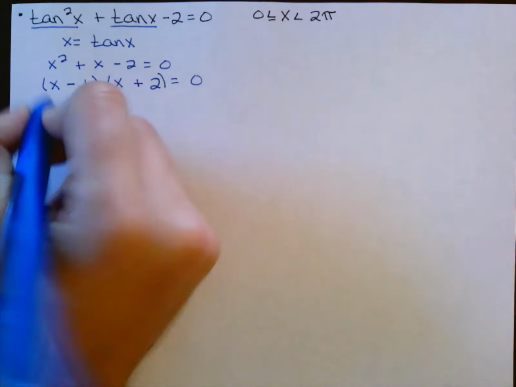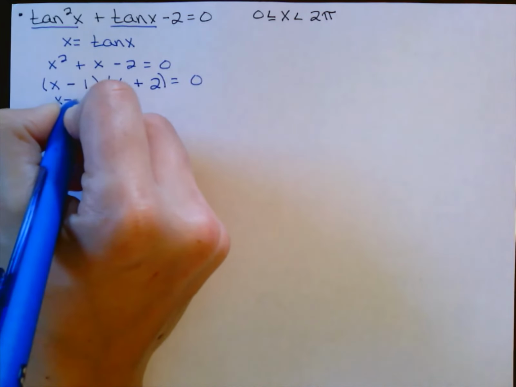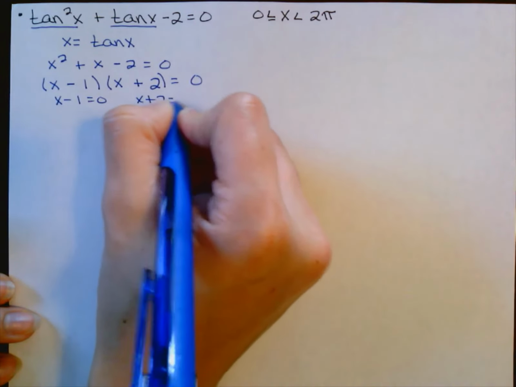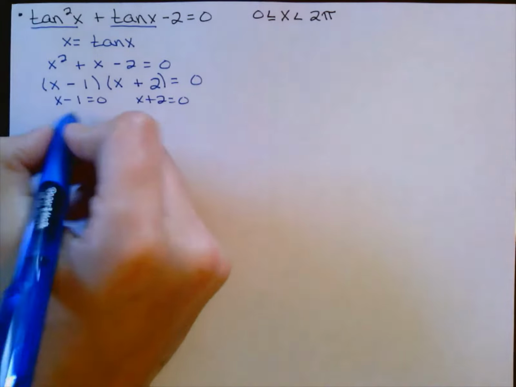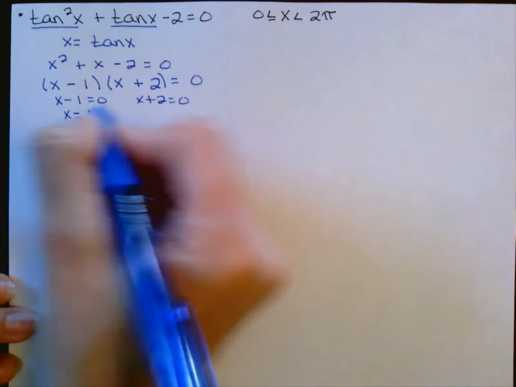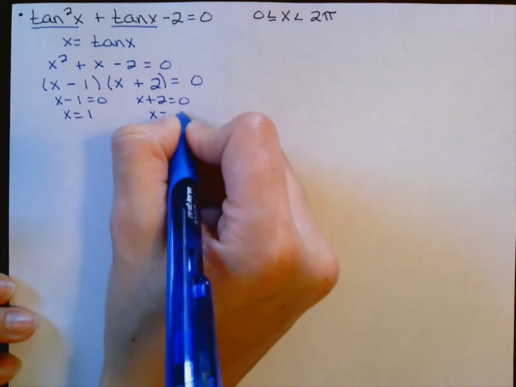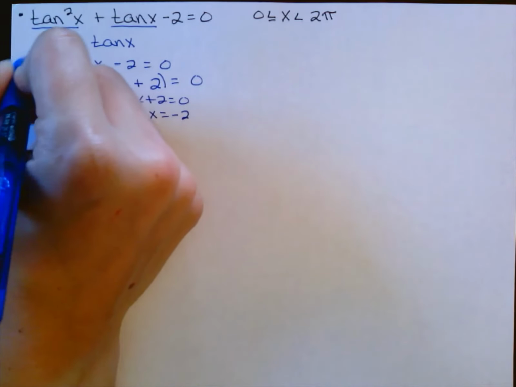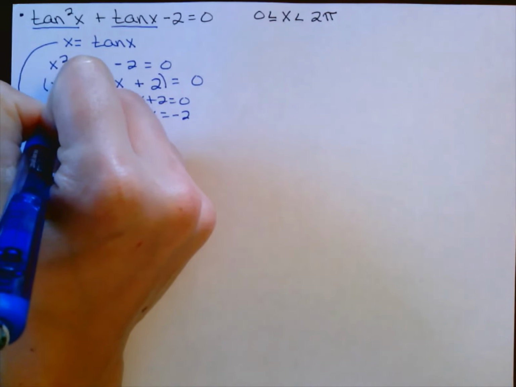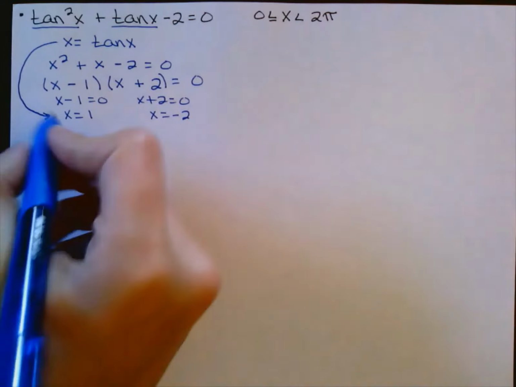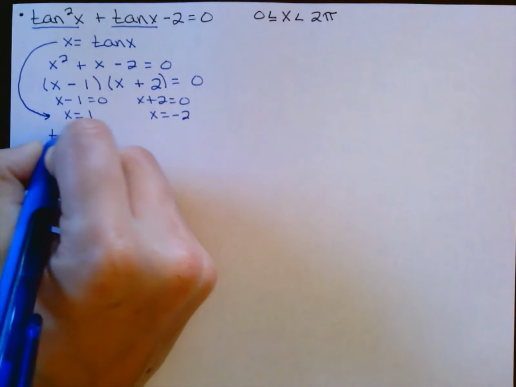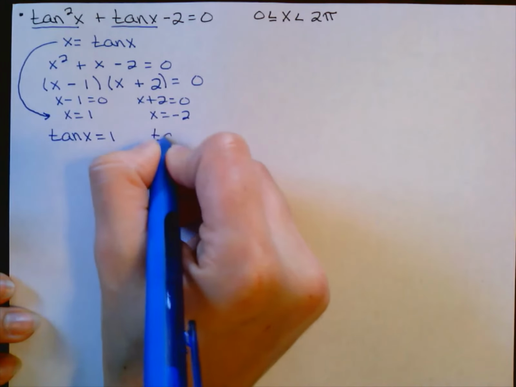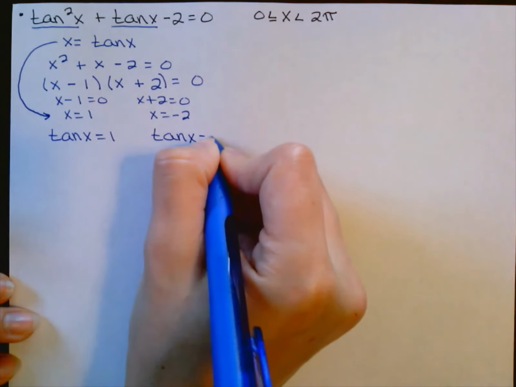Then I would go on to say x minus 1 equals 0 and x plus 2 equals 0. And then I could say x equals 1 and x equals negative 2. Now that I got that x by itself, I can put tangent back in place. I solved it in a way that seems a little more familiar. And I can say tangent of x equals 1 and tangent of x equals negative 2.